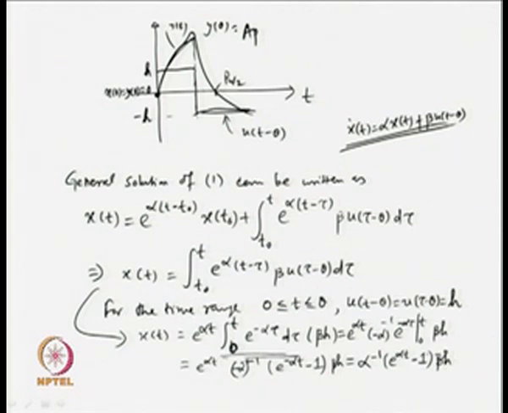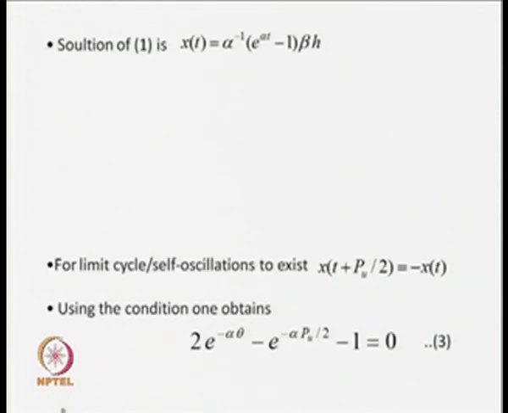So, what we have got from the analysis is that the analytical expression for the output of this part of the output signal can be given by x t is equal to y t is equal to alpha inverse times e to the power alpha t minus 1 beta h. Now, solution of this.